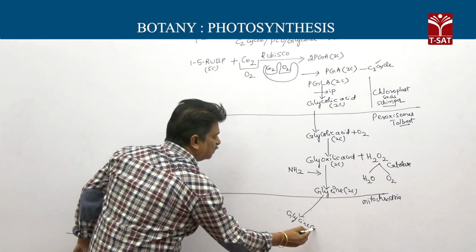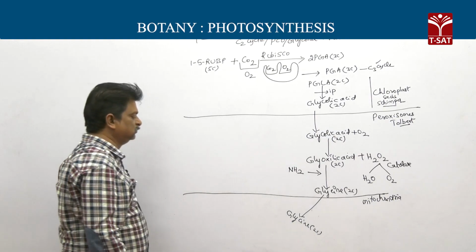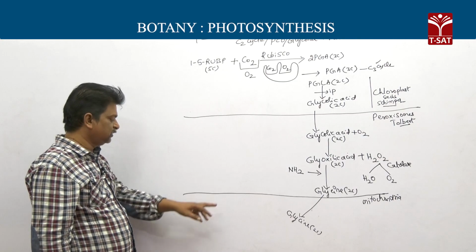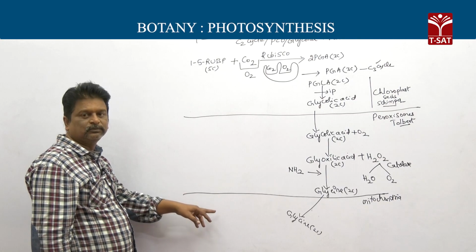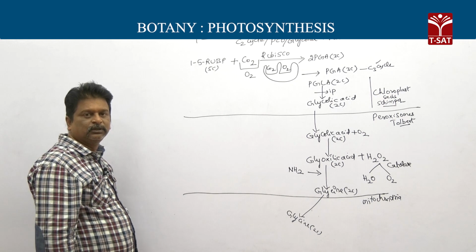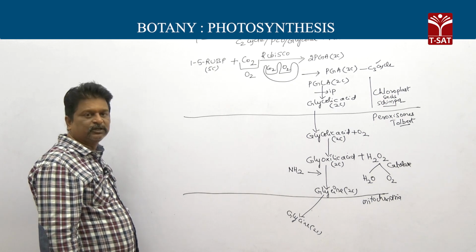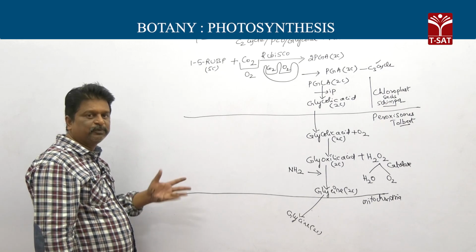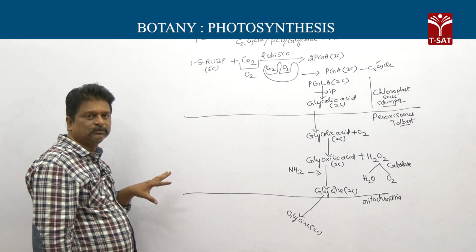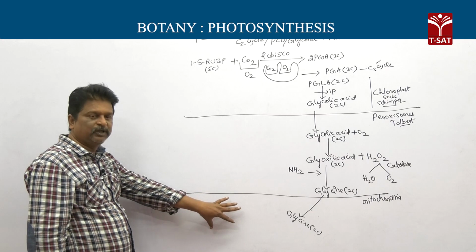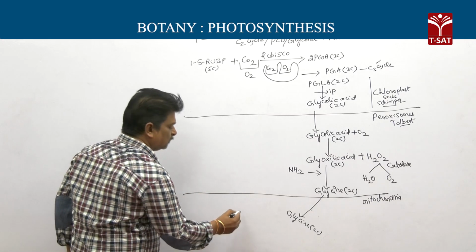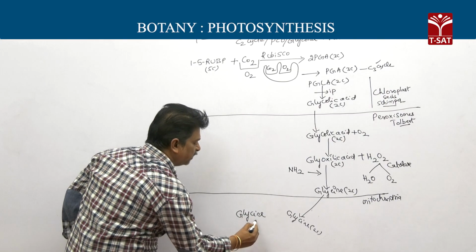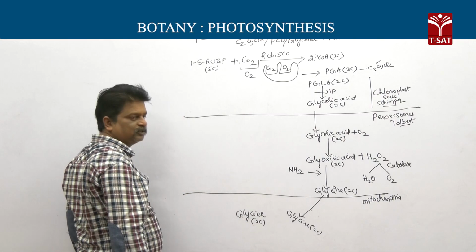Here, the mitochondrial matrix already contains some amino acids, because in the matrix the Krebs cycle takes place, and an intermediate product of the Krebs cycle is alpha-ketoglutarate, which is a precursor for amino acids. So, this matrix contains many amino acids, along with glycine.